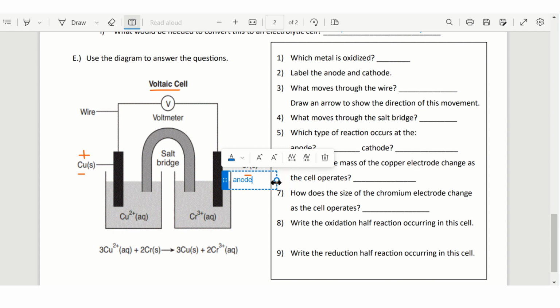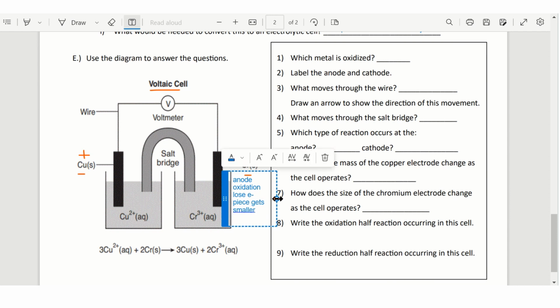And then I'm going to remember a bunch of stuff about anodes. Anodes have oxidation occurring, right? Oil and Leo. In oxidation, we lose electrons, right? When we lose electrons, the piece gets smaller.